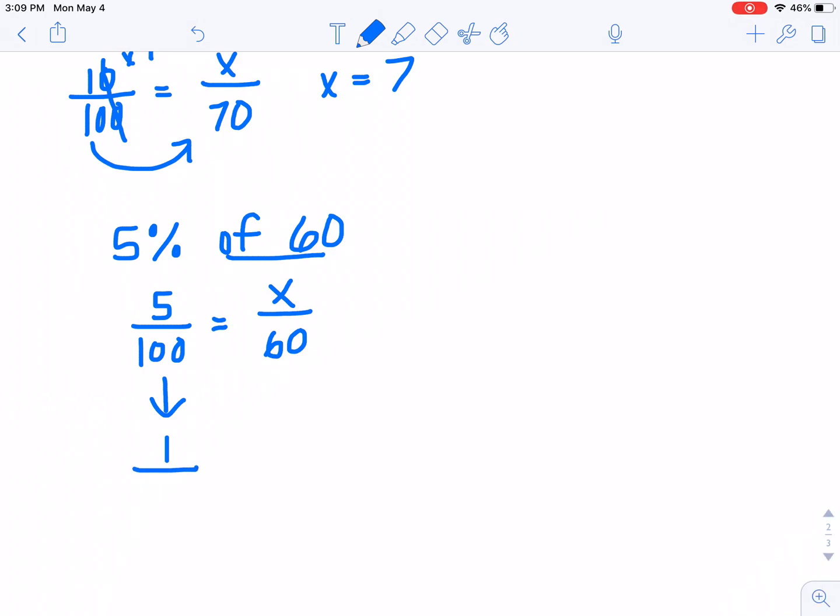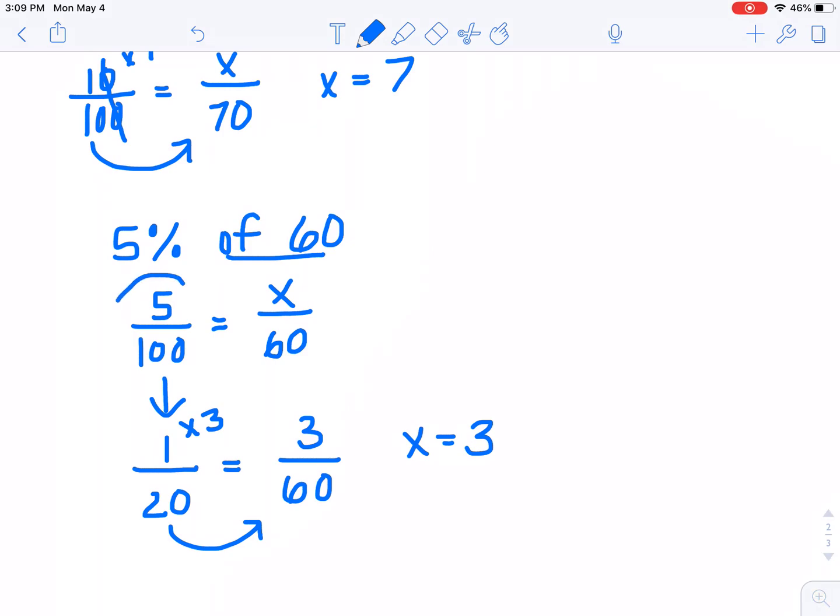And 5 goes into 100 20 times, right? And then I just rewrite my 60. And now I can do this easily. 20 can go into 60 three times. So I do that times 3, and I get 3. So in this case, x would equal 3. Okay? So again, I have just figured out how to either reduce this fraction so that it can be over 100, or I want to reduce it to make it so that I can play with these numbers more easily. And now 20 and 60 work.